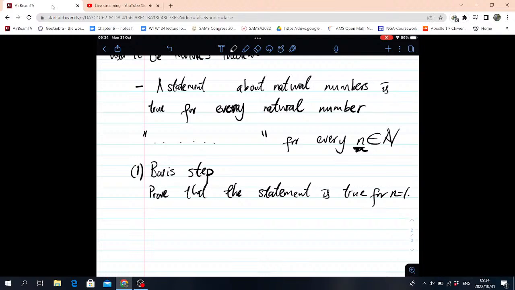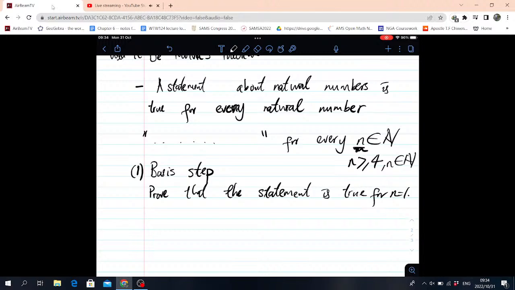So this is like the general case. Sometimes you might have a statement that starts at maybe n greater or equal to 4, for example, where n is a natural number. So you're saying for all natural numbers that are greater than or equal to 4, this is true.